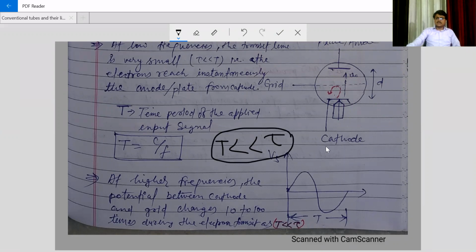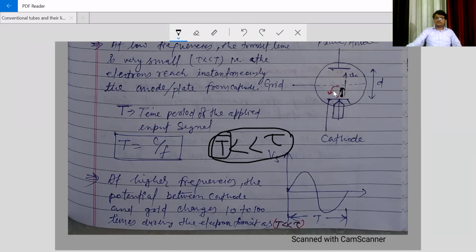As the electron starts from here, it goes here, and the cycle changes because this time period is very much less, because this f has increased very significantly. So if this frequency is very high, the time period of the applied input signal will be very, very small.